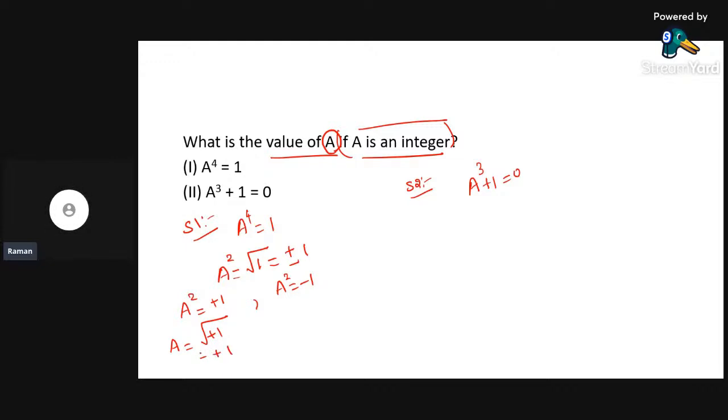And for a squared equal to minus 1, the square root of minus 1 is either plus i or minus i. So it is either plus or minus 1, or plus i or minus i.